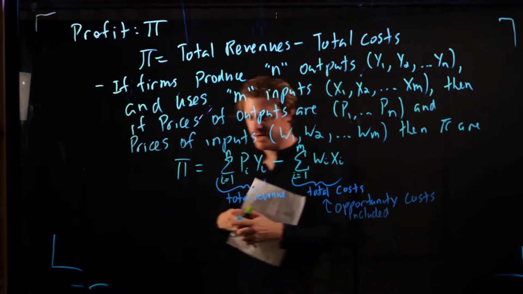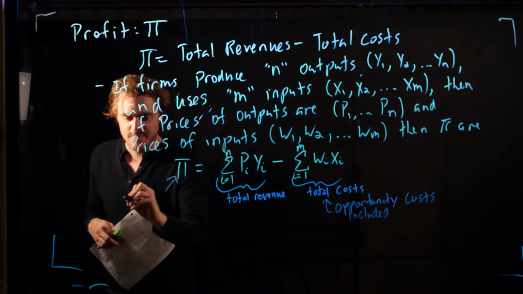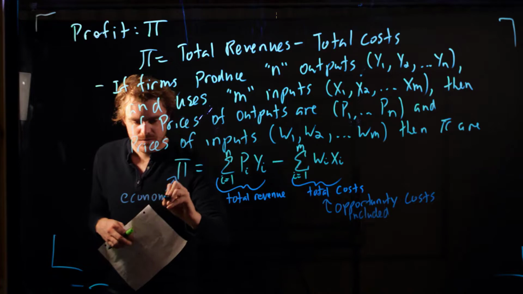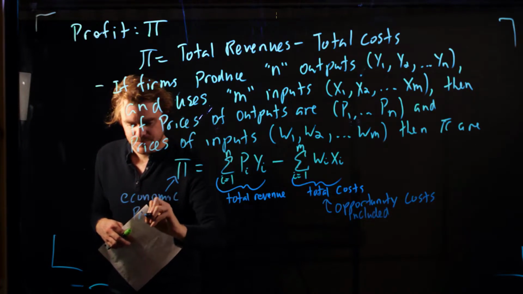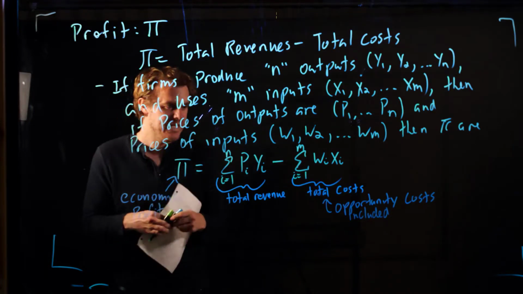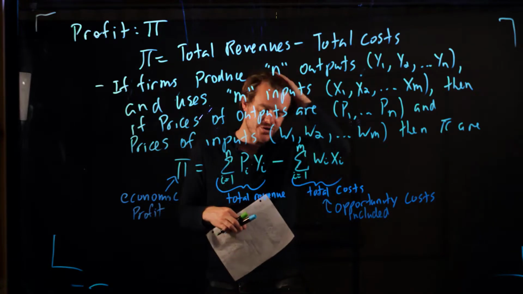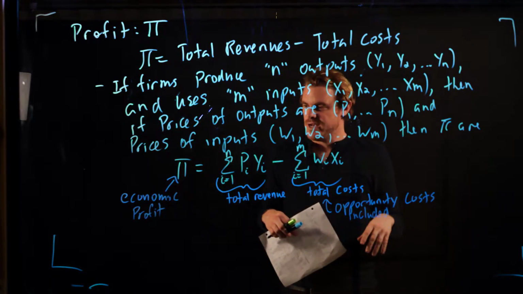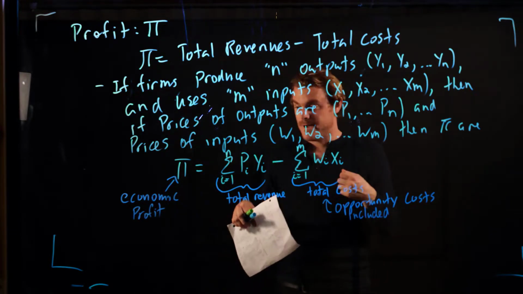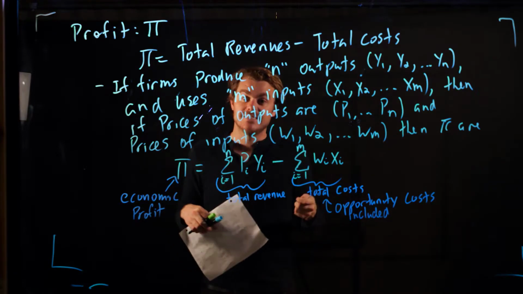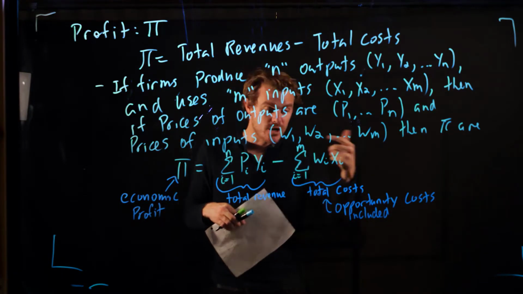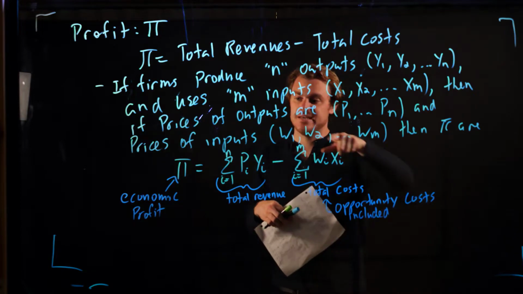So really what we're talking about here is economic profit, not accounting profit. And if you remember from first year in your past econ courses, the difference between economic and accounting profit is these implicit costs. And so we're including these implicit costs in our calculation.